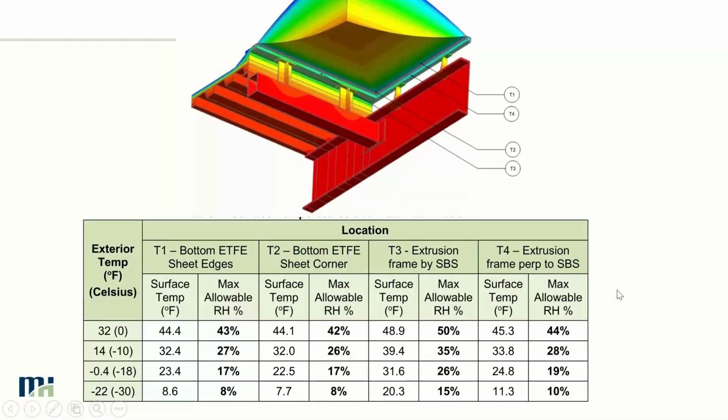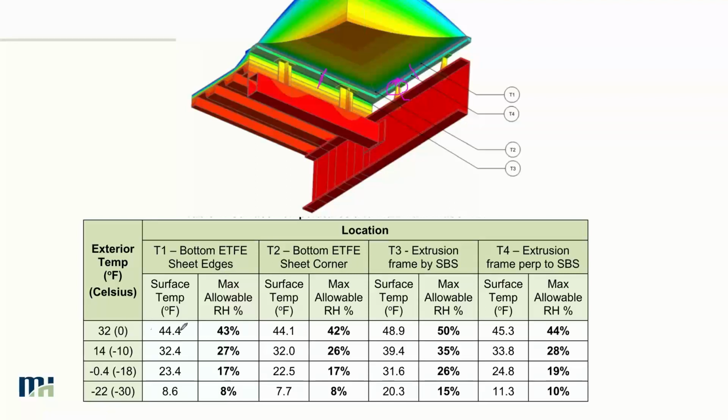Looking at this when we actually put some numbers to it, it's interesting that where these surfaces are the coldest is actually in the center. These struts are able to bring heat, like I mentioned before, to the frame and keep the temperatures right around that strut warmer than in the center of the ETFE frame.